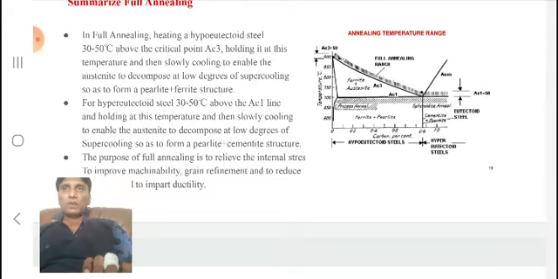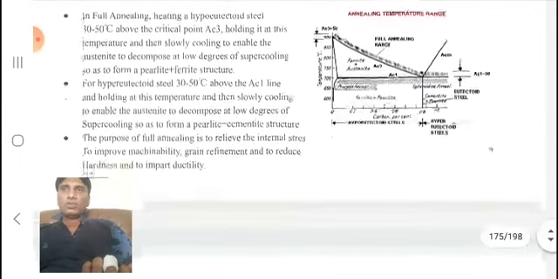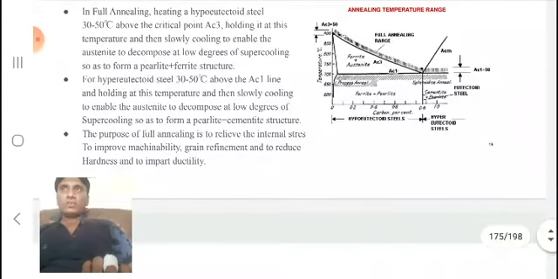So for hypoeutectoid steel, it is heated 30 to 50 degrees centigrade above the AC3 line, held at this temperature, and then slowly cooled to form a perlite plus cementite structure, and this is for hypereutectoid steel. The purpose of full annealing is to relieve the internal stresses, to improve machinability, refine grain, reduce hardness and impart ductility.